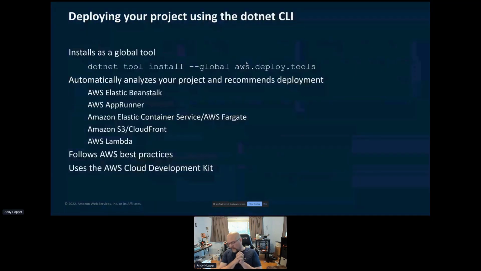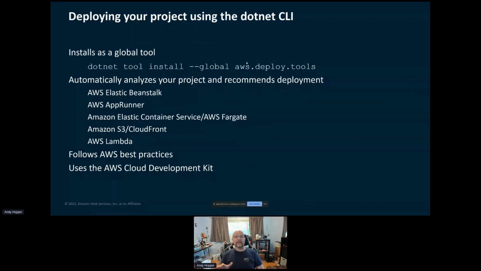All right, so let's talk a little bit about the deployment process. With .NET, the .NET Core world, this got started using the .NET CLI. And so we've actually created a global tool to be installed in the .NET CLI to enable you to automatically deploy your application into AWS.